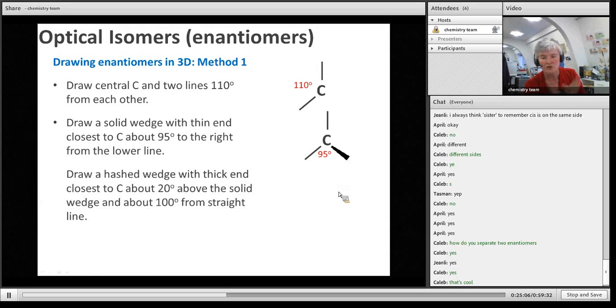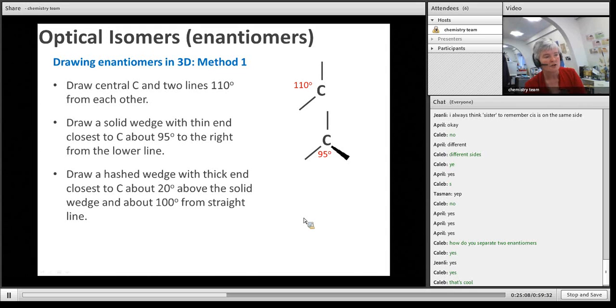Now the last bond you're trying to show going into the paper, so make the thick end closest to the carbon and show it by perspective, getting smaller and smaller going away. So this one is getting bigger and bigger coming towards you, and that one's getting smaller and smaller going away, at round about 20 degrees.